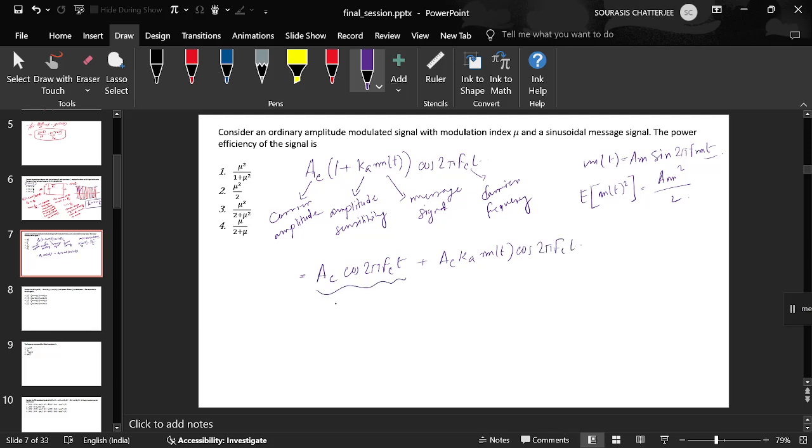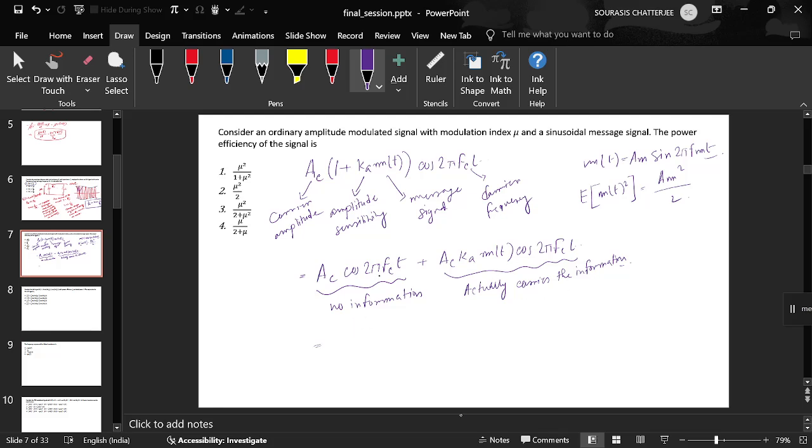So this part here contains no information, and this part here is the one which actually carries the information. So when you talk about efficiency, the first part you can consider redundant, that is, it's wasted, it doesn't contribute to anything. So this power is actually useful to us.